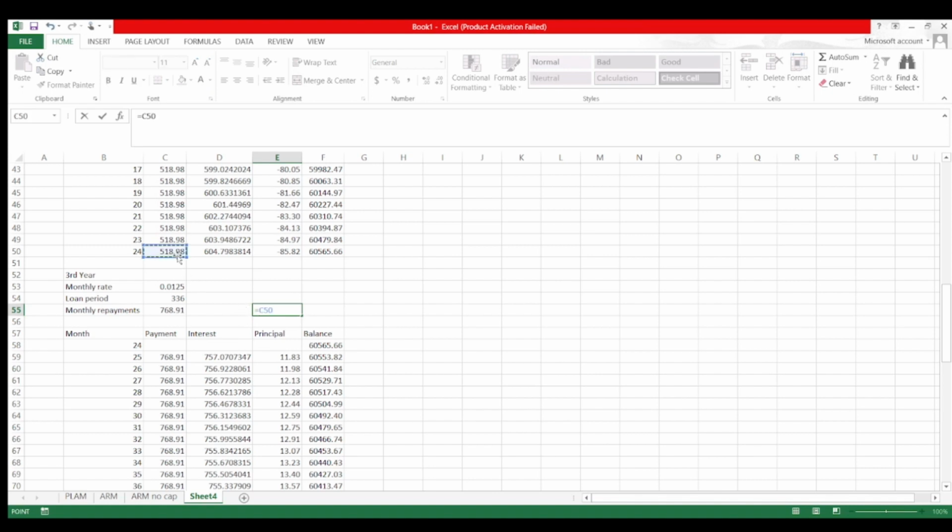So the maximum increase which you can get is 7.5%. So let's multiply it by 1.075. So again, you realize that this capped amount is lower than the monthly repayments which you get based on our formula here. So again, we'll use the capped payment.